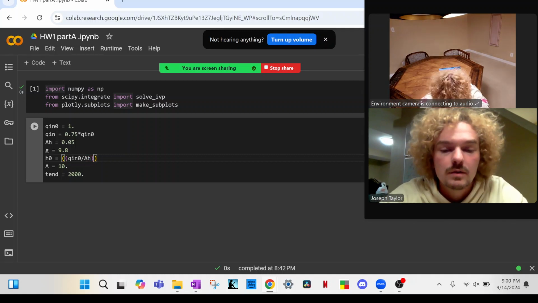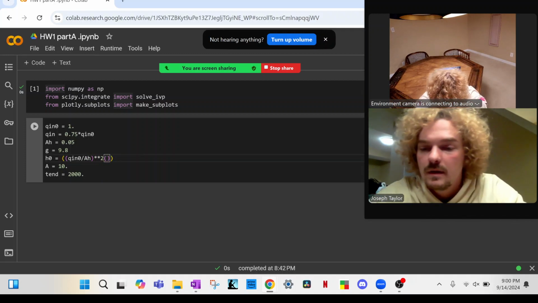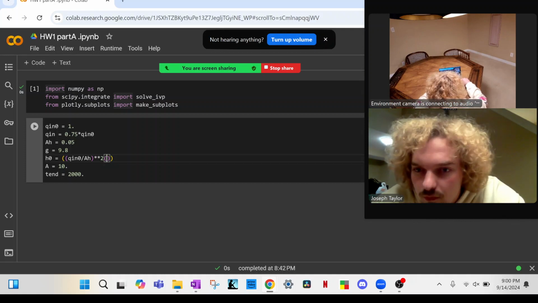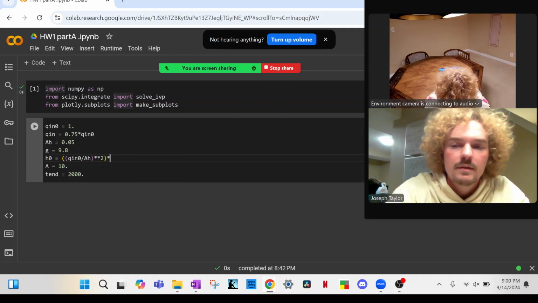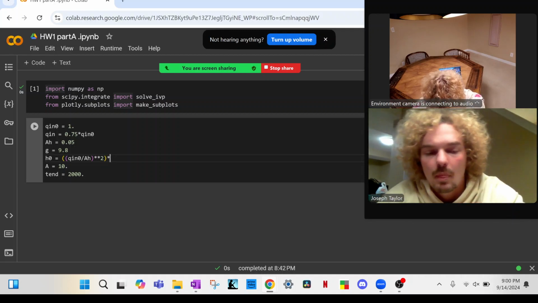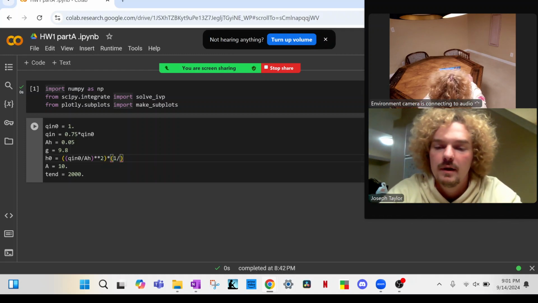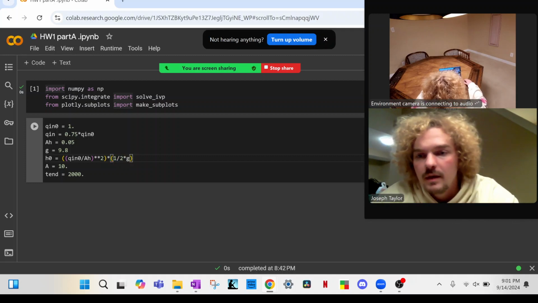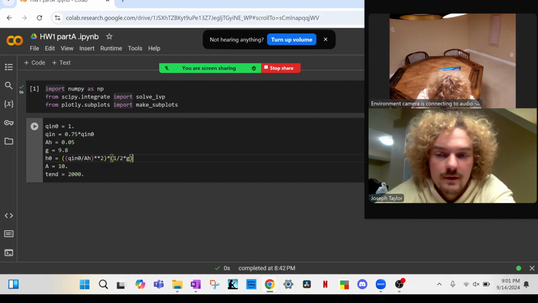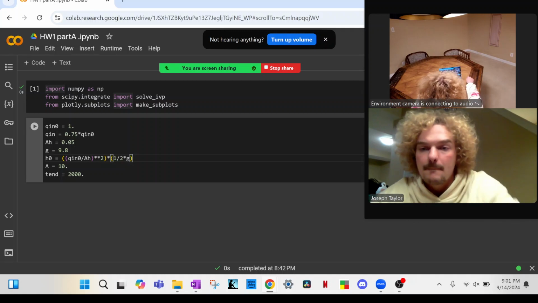And then that is going to be squared times, divided by 2 times G. And as you can see, I already put in all the values just so I wouldn't have to be looking back and forth between the pages. All right.